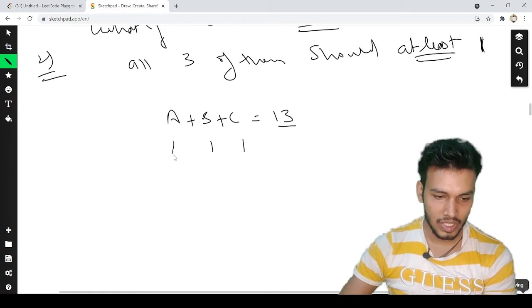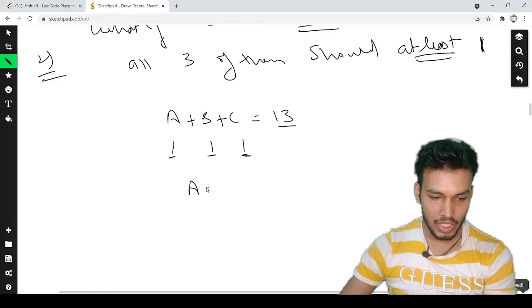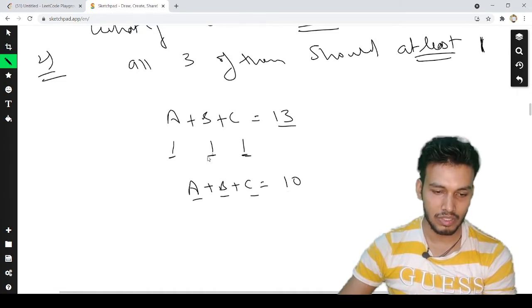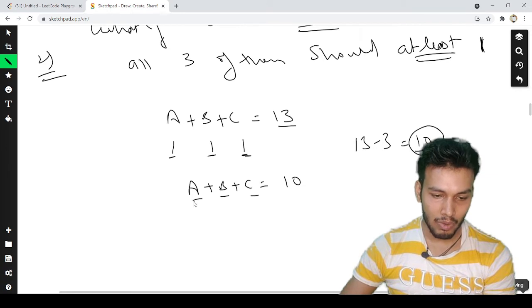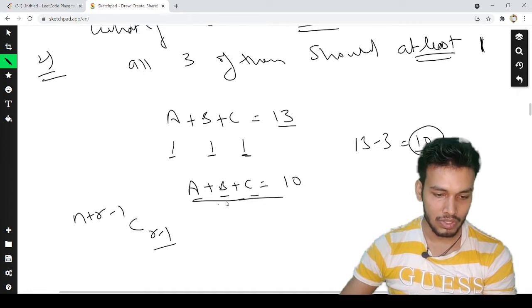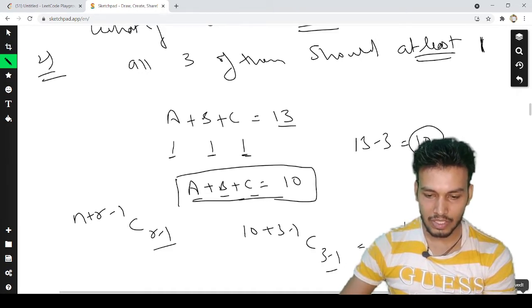Now this problem reduces to distributing 10 chocolates between three persons, because 13 minus 3 is 10. Now I apply my formula, n plus r minus 1 C r minus 1, so it becomes 10 plus 3 minus 1 C 3 minus 1, which is 12C2.